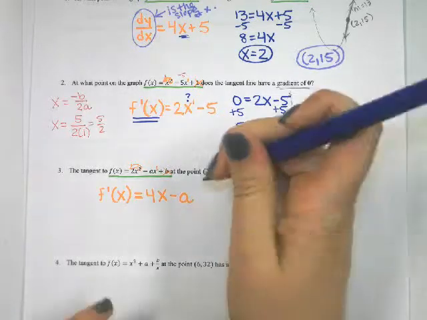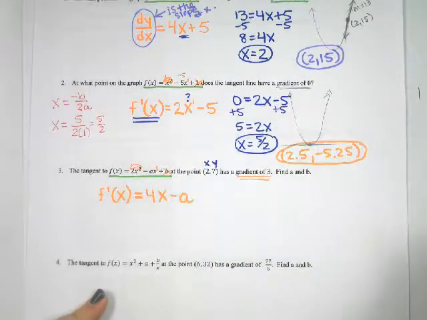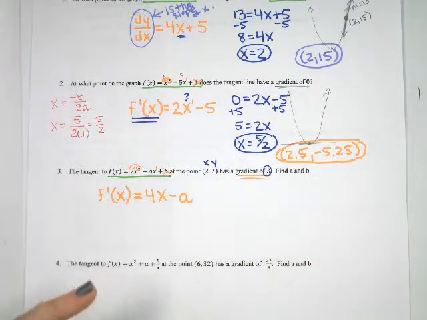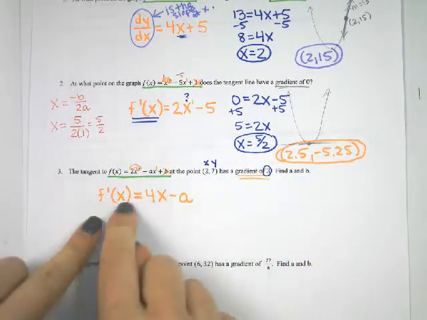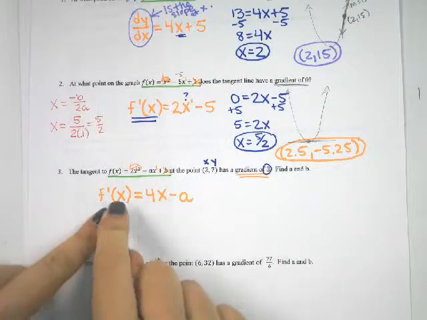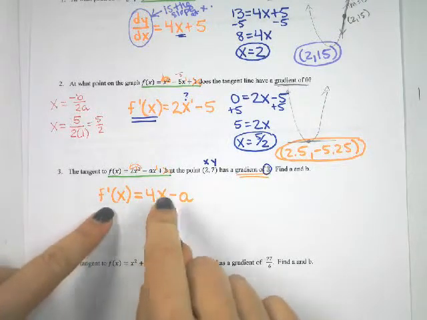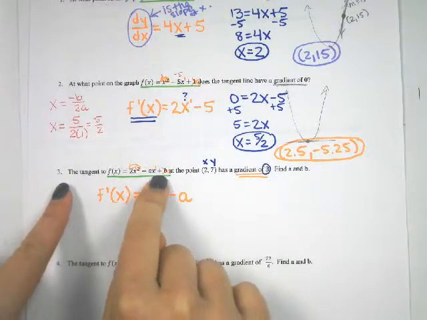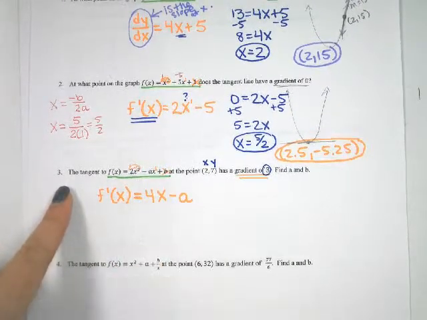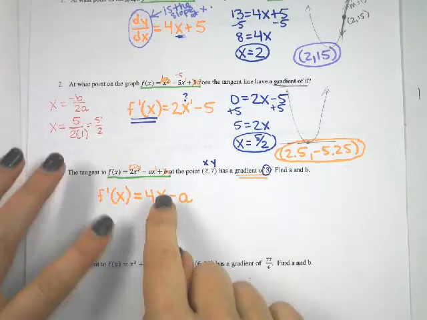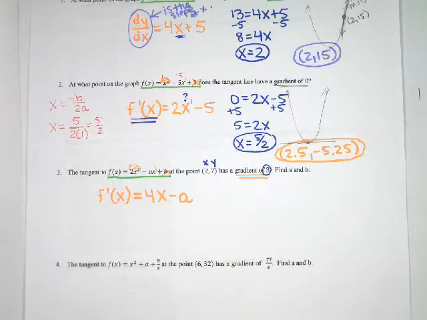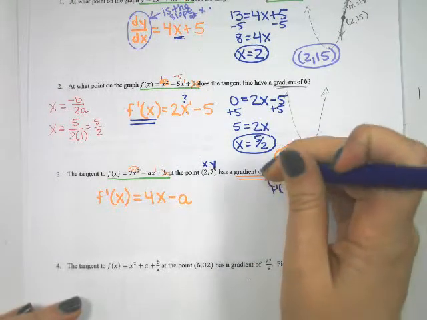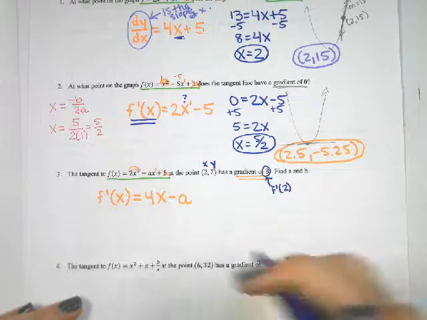So they tell us at the point 2, 7, it has a gradient of 3. I now have an equation. This is the gradient, this is the slope at some x value. We can use this equation to help us find a. So b is gone because it was a constant. It's not included in our derivative. So we can now plug in. This is my slope at x equals 2.